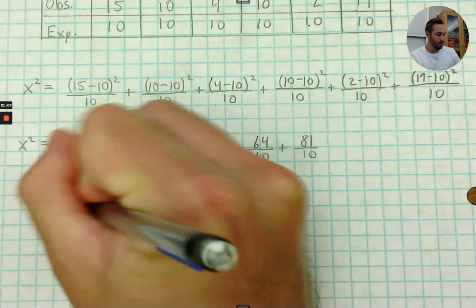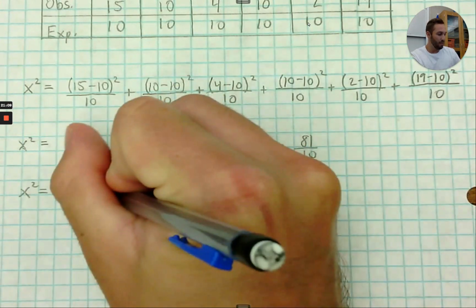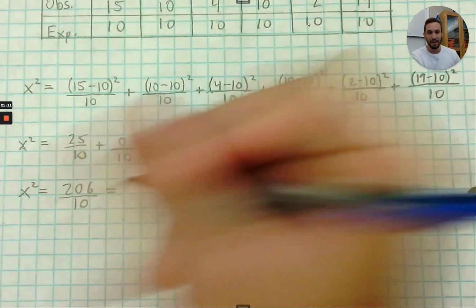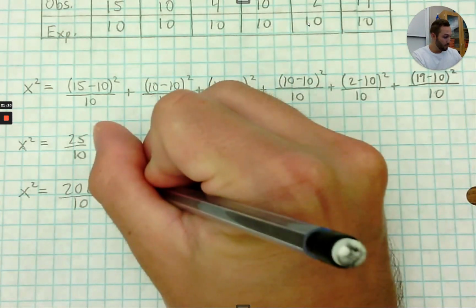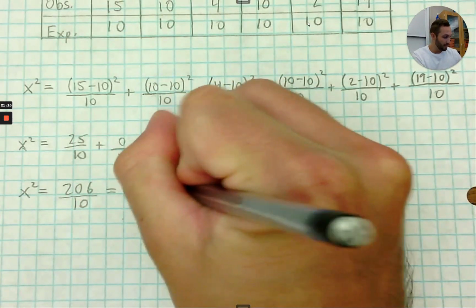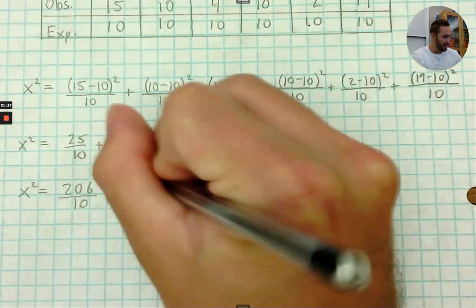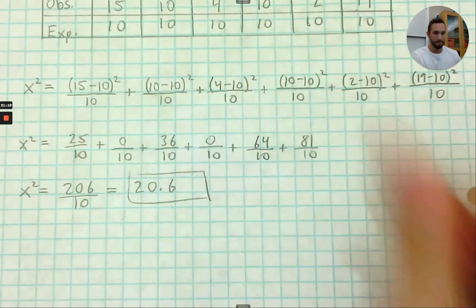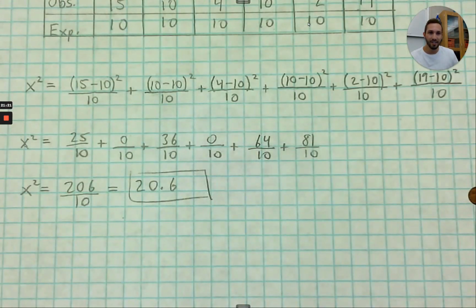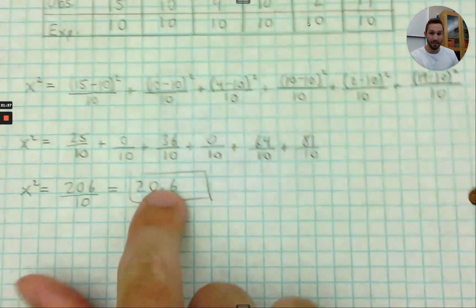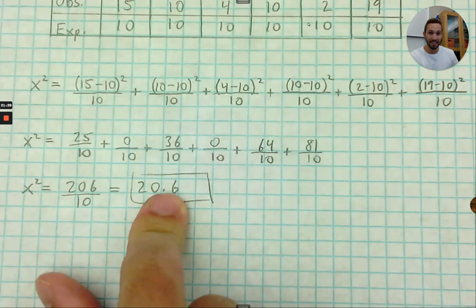I add all the numerators since they have a common denominator. Anyway, you do 206 divided by 10. My final answer is 20.6. This is my chi-squared value. And that's hopefully the answer that all of us are getting, 20.6. That's the answer here to this formula.